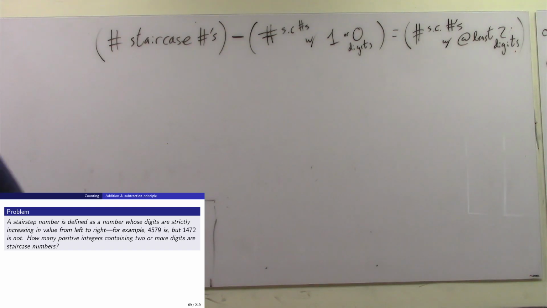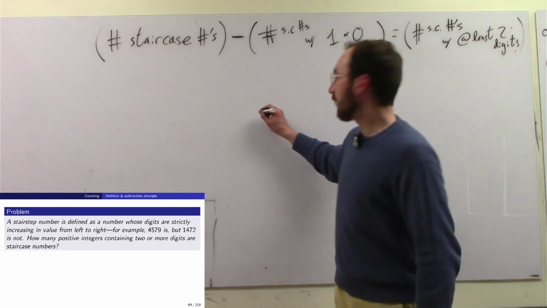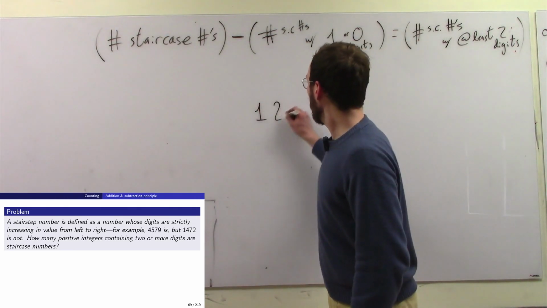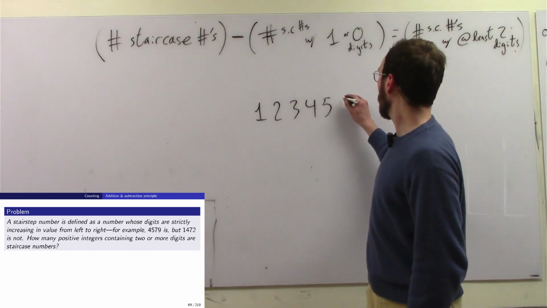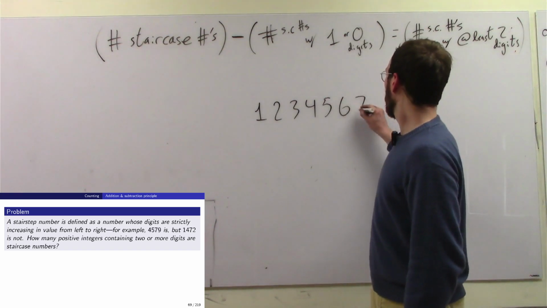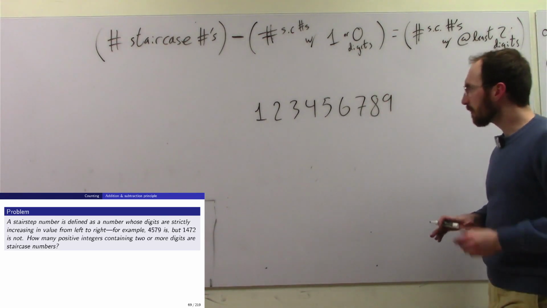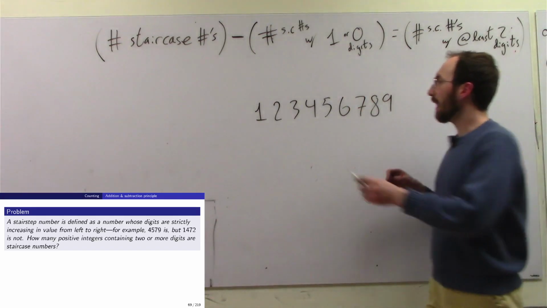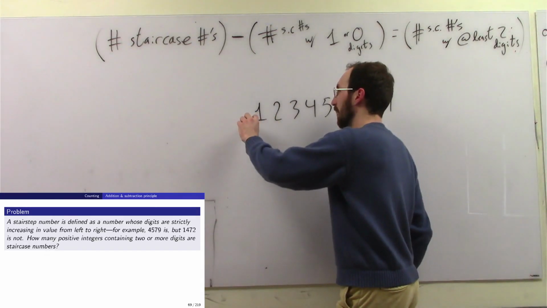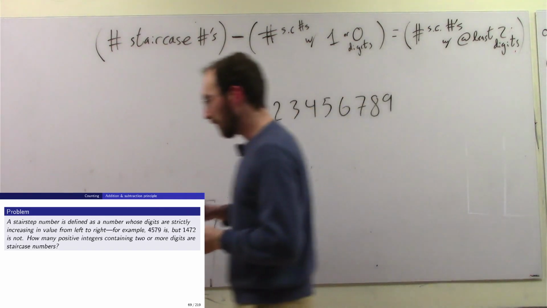Okay, so let's actually do this. Let's look at the longest staircase number there is. We can only use the digits 1 through 9 because we're looking at numbers, not strings, so we won't ever have 0 leading.